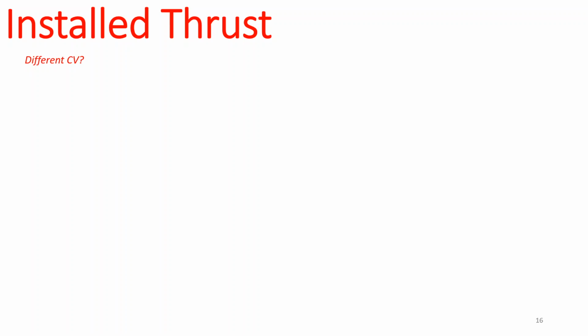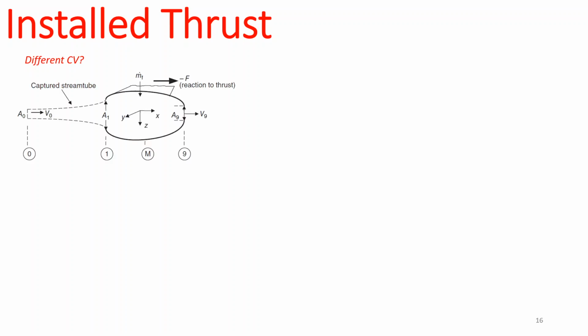Different mass flow. Your calculations are going to be completely different, as we have mentioned. So let's take a look at a different control volume then. Let's say your control volume is essentially the stream tube. It starts from the point 0, which includes the stream tube that is going inside your jet, right?